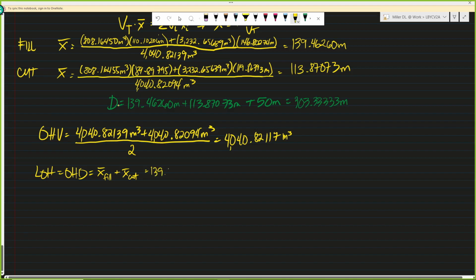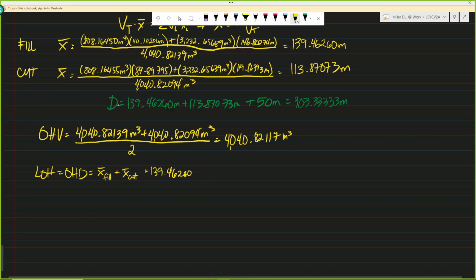So, 139.46260 meters plus 113.87073 meters. Kindly solve. We have 253.33333 meters. Pero 'di ba meron pa tayong isang formula kanina?